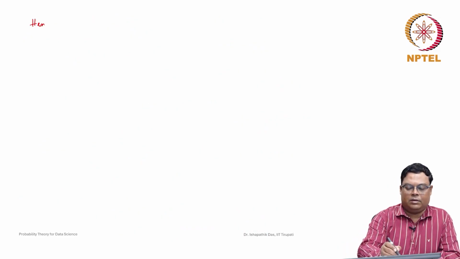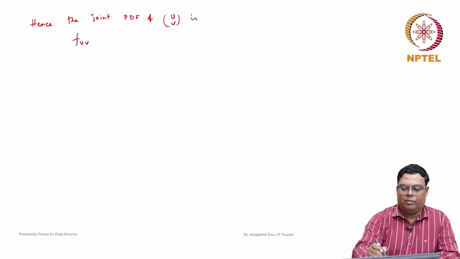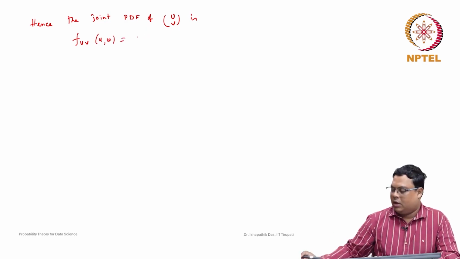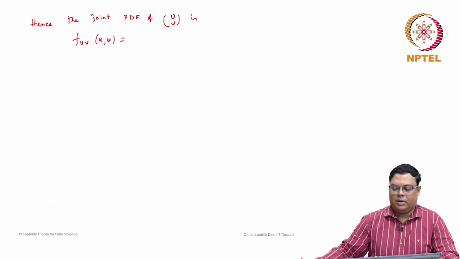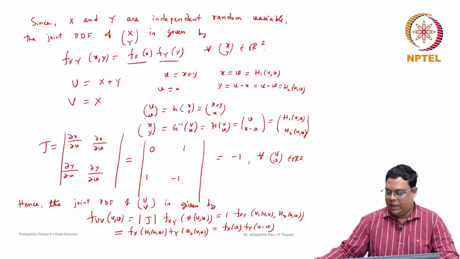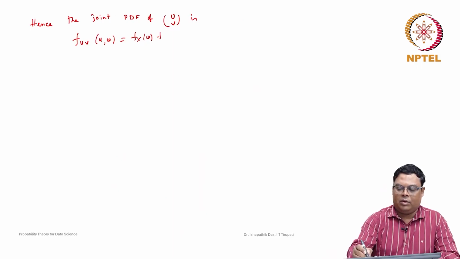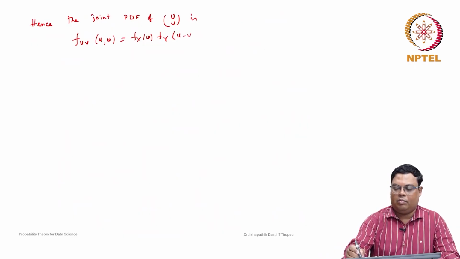Hence the joint probability density function of (u, v) is given by f of (u, v) equal to fx of v into fy of u minus v.